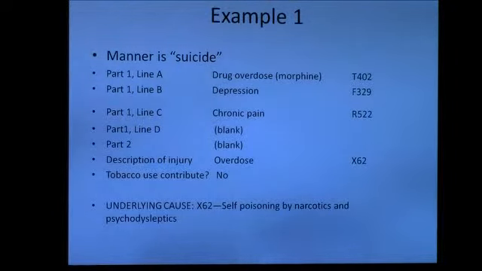And then tobacco use did not contribute to this death. And as you can see, an alphanumeric code is assigned to each one of those entities, as they're called, and the underlying cause is chosen to be X62, self-poisoning by narcotics and psychodysleptics.